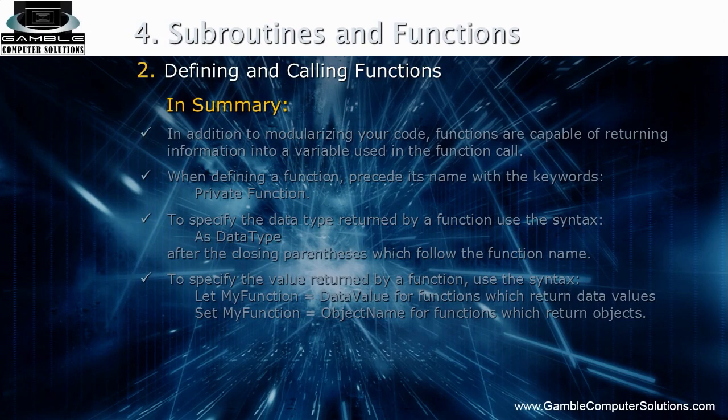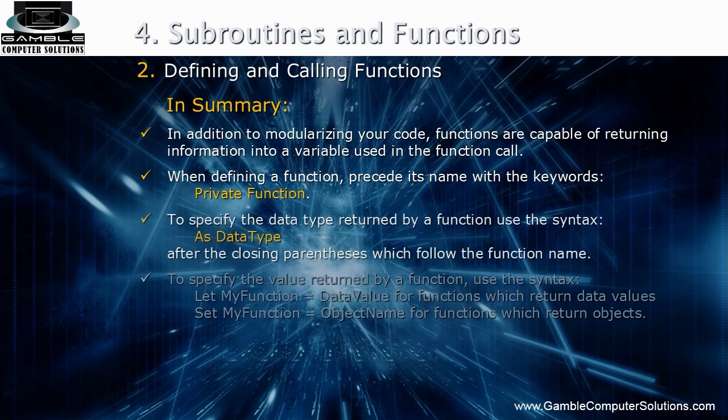In addition to modularizing your code, functions are capable of returning information into a variable used in the function call. When defining a function, precede its name with the keywords private function. To specify the data type returned by a function, use the syntax as data type after the closing parentheses which follow the function name.